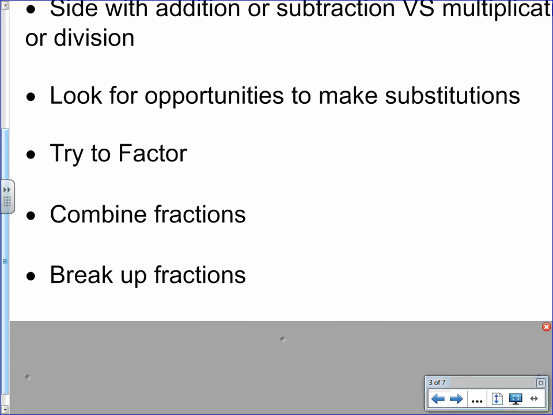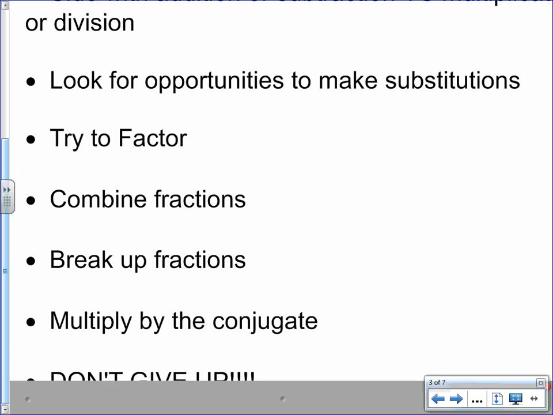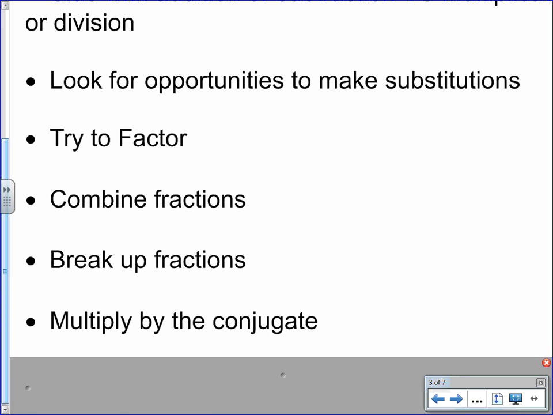If you are adding or subtracting in the numerator of a fraction, we can break it apart into two fractions. Multiplying by the conjugate. Okay, we had that example Monday where we had 1 minus sine of x in the denominator. We multiplied by the conjugate, and then we had an identity to help us.